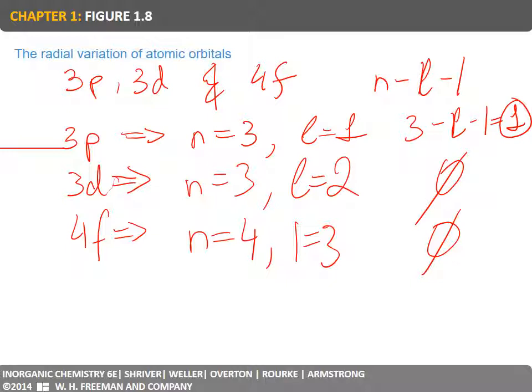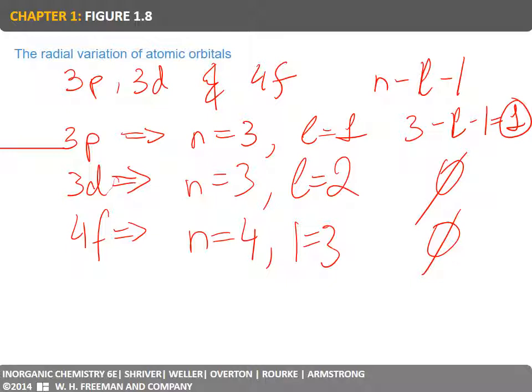Okay? So the 3d and 4f orbitals are the first occurrence of the d and f orbitals, right? Which is indicative that there will be no radial nodes. So remember that. That's very important. The first occurrence of the orbital has no radial nodes.